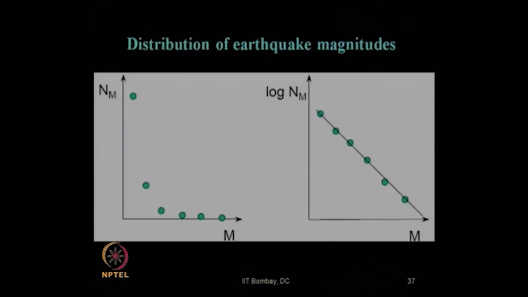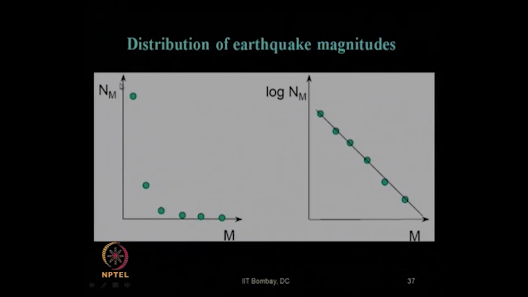Then in this plot you will only plot those earthquakes from the past historical data having magnitude starting from 4. Obviously, smaller magnitude earthquakes, as we said, will occur more times than higher magnitude earthquakes, which will occur very few times or rarely. So, that is why the points will be distributed something like this. On a normal scale, it will be some kind of exponential relation like this. Can you see?